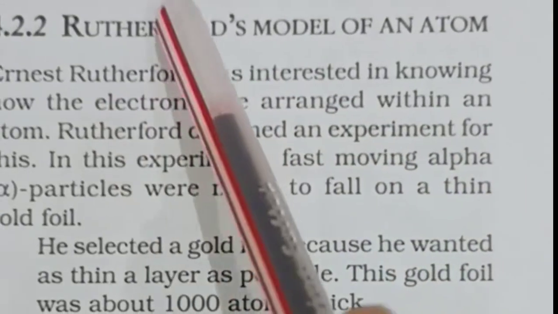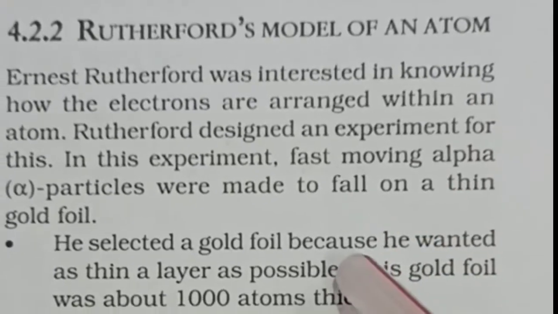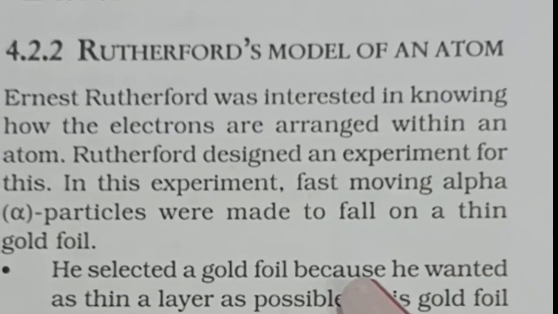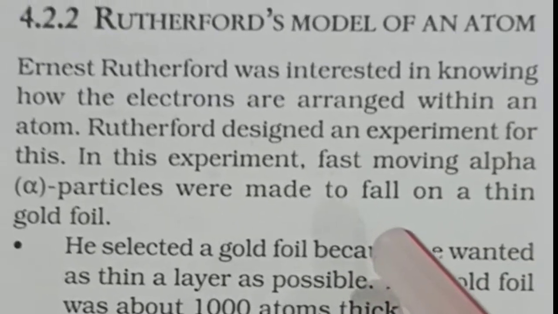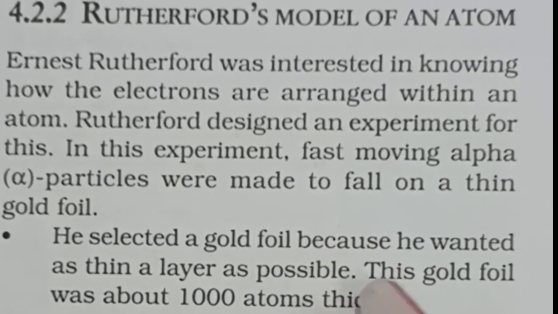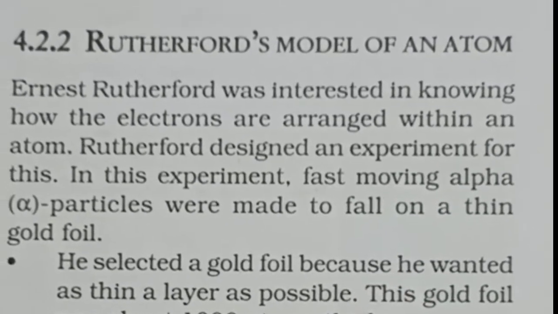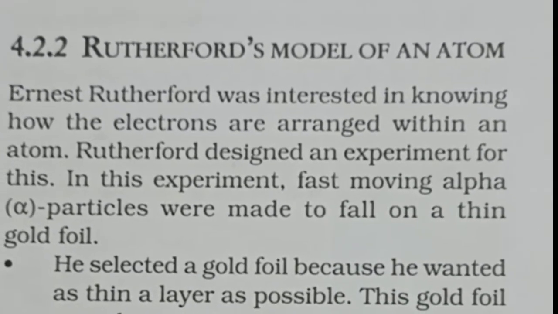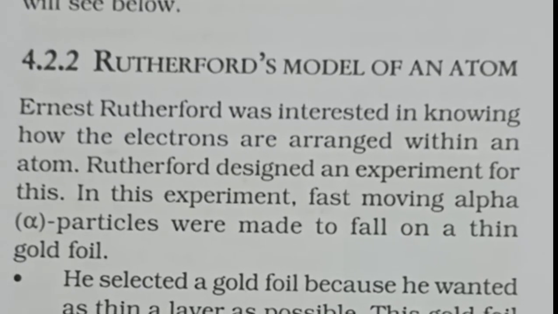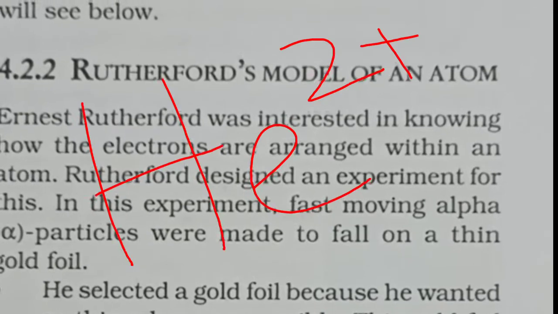Before studying Rutherford's model of an atom, we need to know a few terms. For example, the alpha particle. What is an alpha particle? An alpha particle is a positively charged particle having 2 units of positive charge and 4 units of mass. In reality, it is a helium ion, He2+.